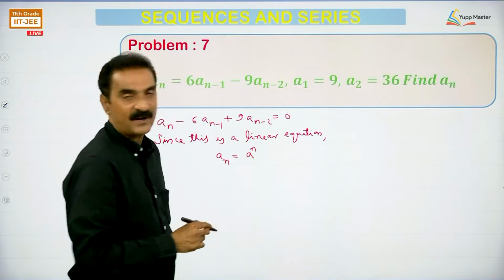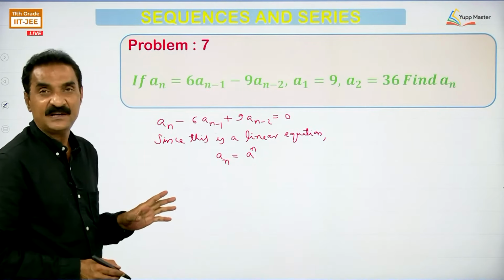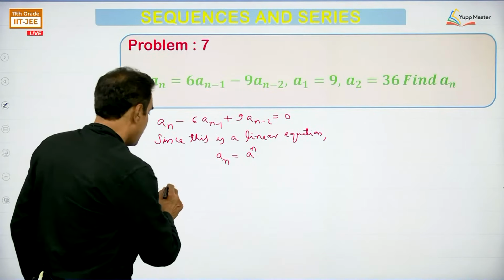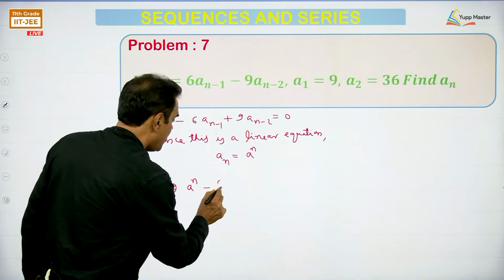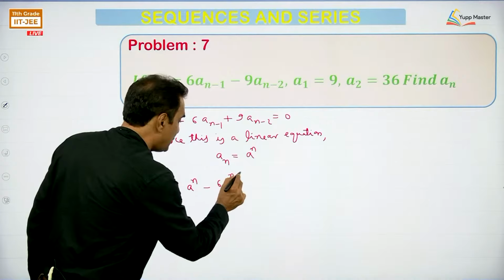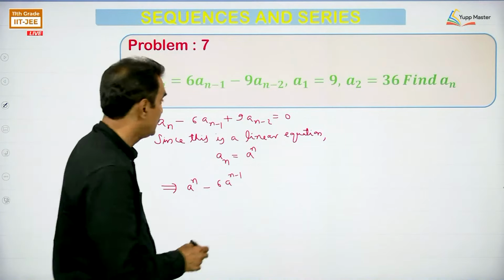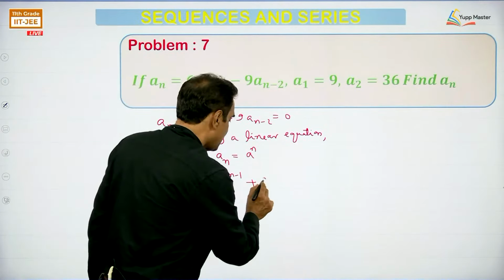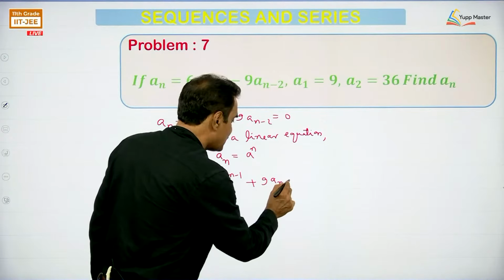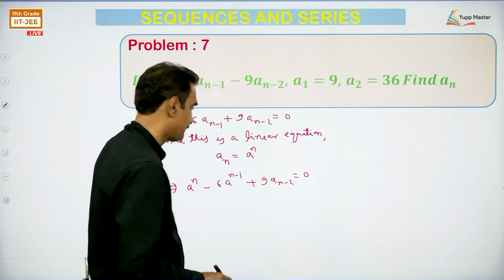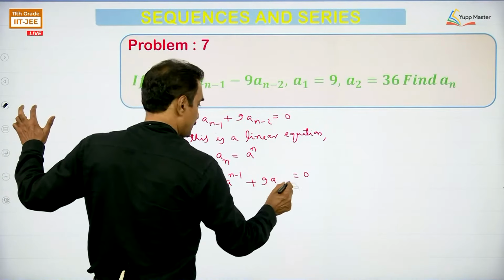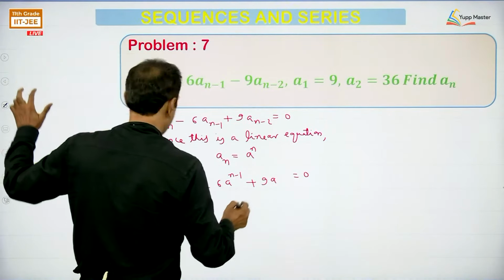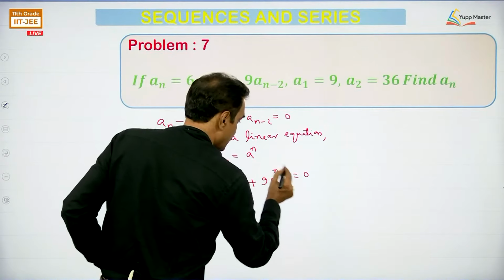Okay. Now substituting a power n in the given equation, we will get a power n minus 6 a power n minus 1 plus 9 a power n minus 2 is equal to 0.